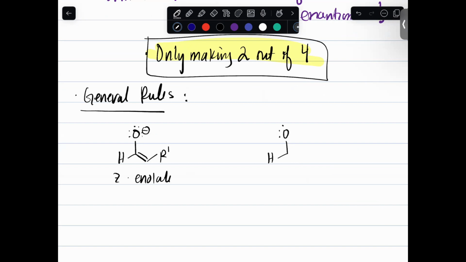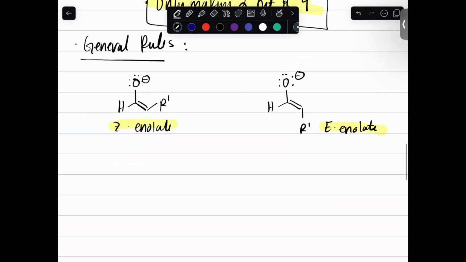And so let me go ahead and draw those 2 out. Oh, excuse me. This is E-enolate. I'll go ahead and highlight these. Okay. And what you'll see is that the Z-enolate in the presence of your electrophile, and I'll draw the electrophiles for both.